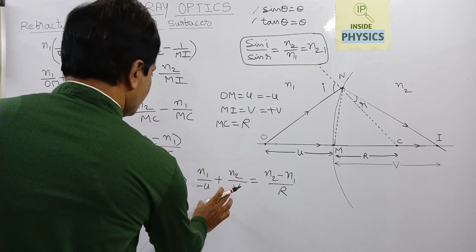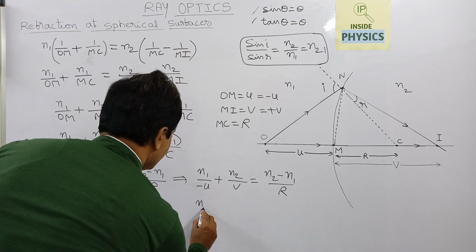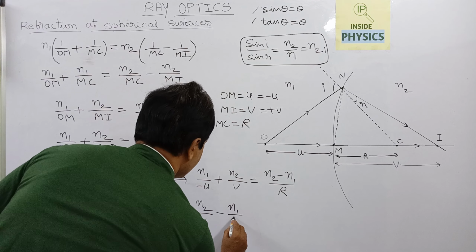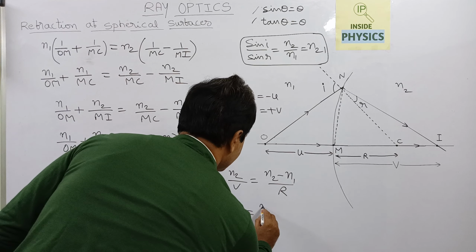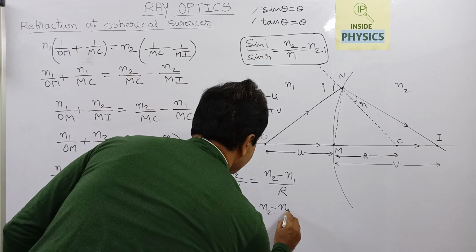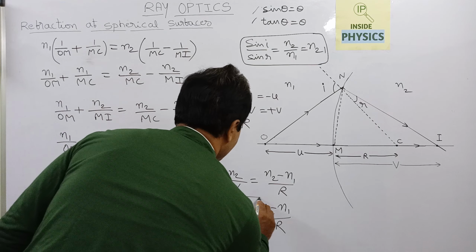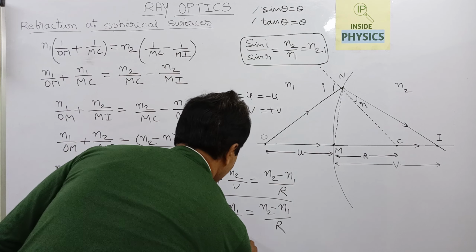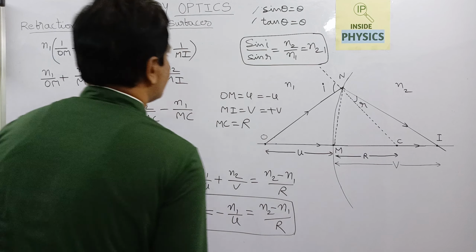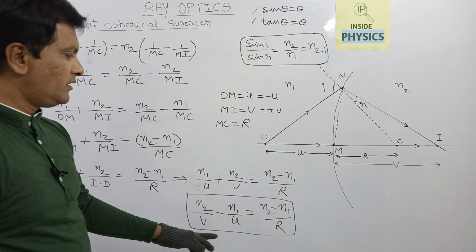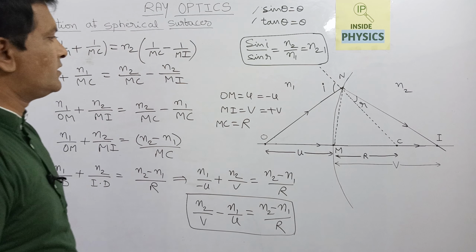So if you transform these, okay. So this is the relation between n1, n2, object distance, image distance and radius of curvature.